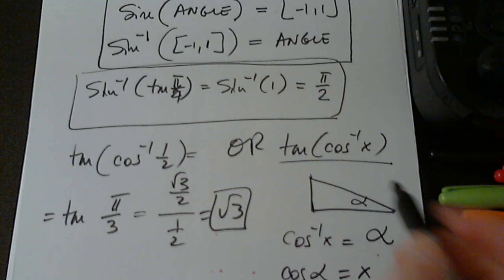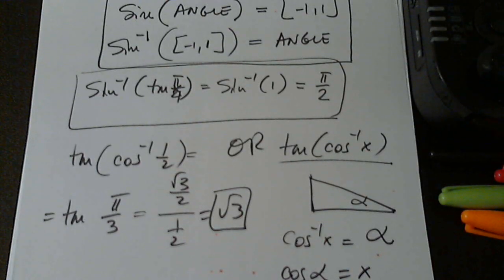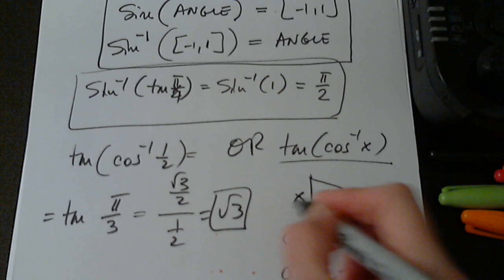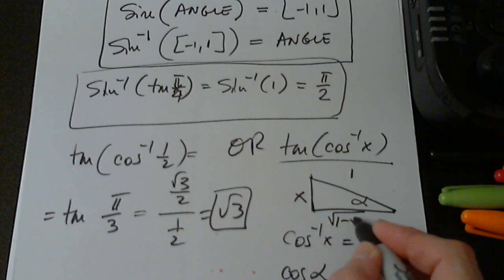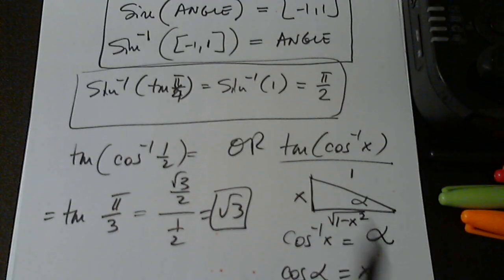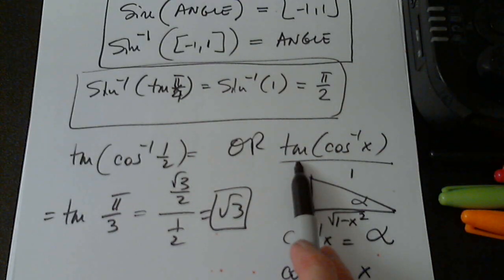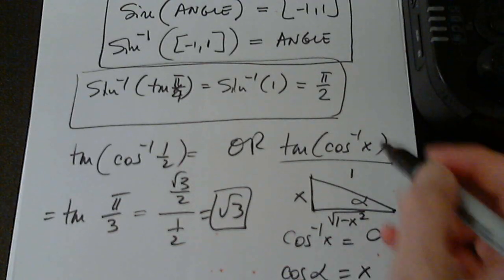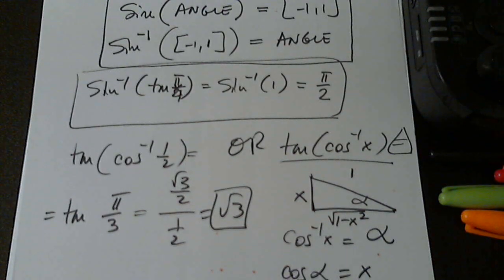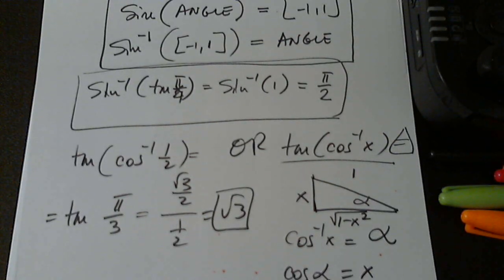So this is our alpha. Now cosine alpha is x, and I have x divided by 1. The other leg has to be the square root of 1 minus x squared. And we are asked to find tangent. So tangent of alpha will be x over this. So from the triangle, it's x over the square root of 1 minus x squared.